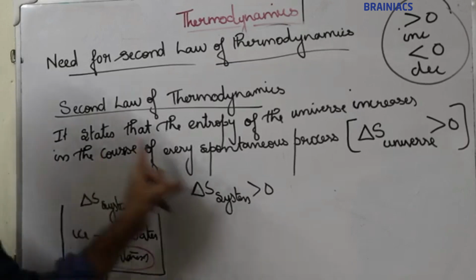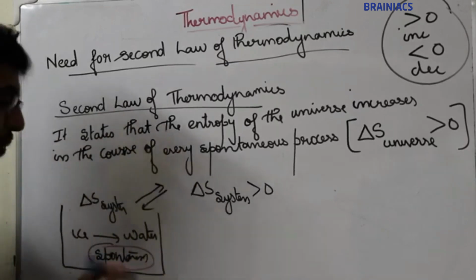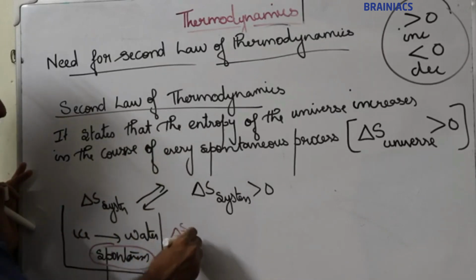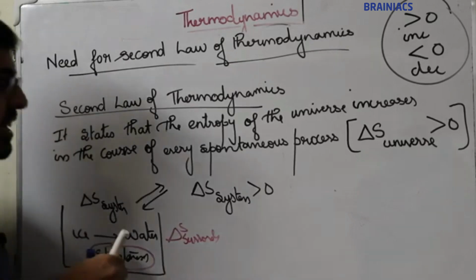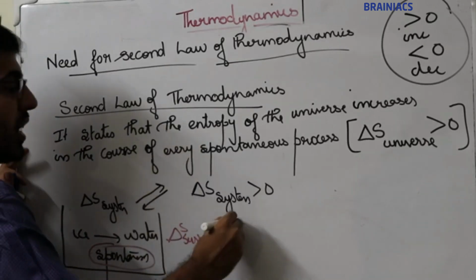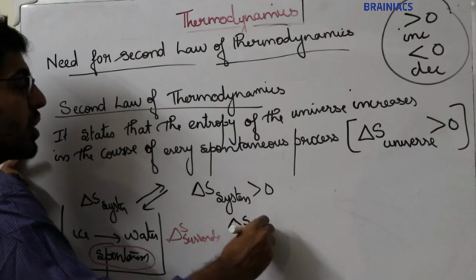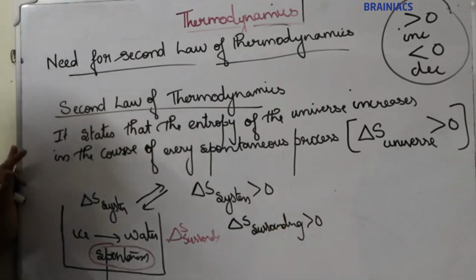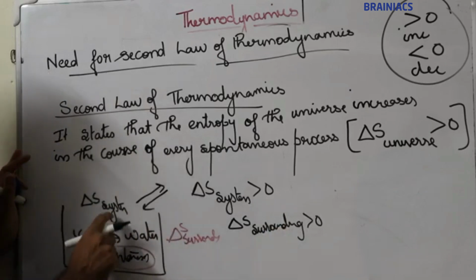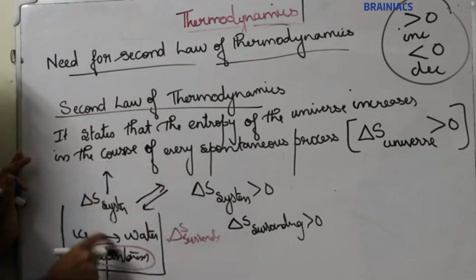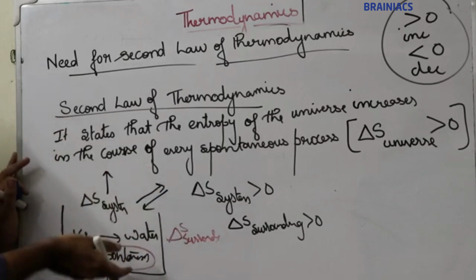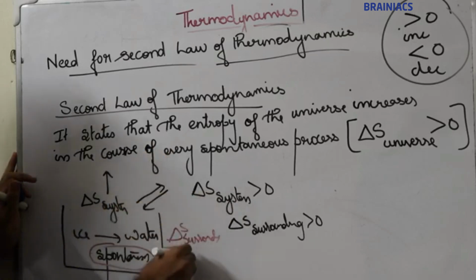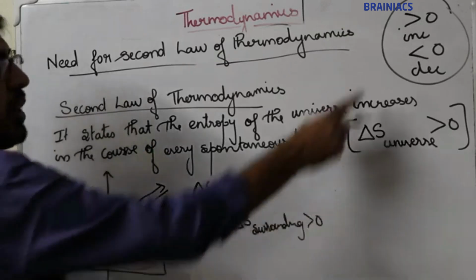Since system is in contact with the surrounding, entropy of surrounding also increases. Entropy of surrounding also greater than 0. So during this spontaneous process, entropy of system increases. Since system and surrounding are in close contact, entropy of surrounding increases, greater than 0.